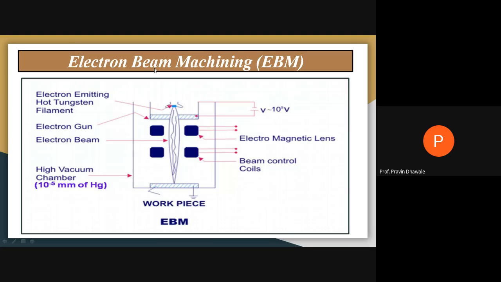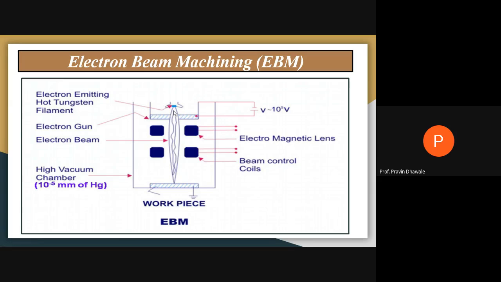In electron beam machining, in short EBM, we use a tungsten filament to emit electrons. When the electrons pass out from this electron gun, this hot tungsten filament which emits the electrons, the electron beam is produced.